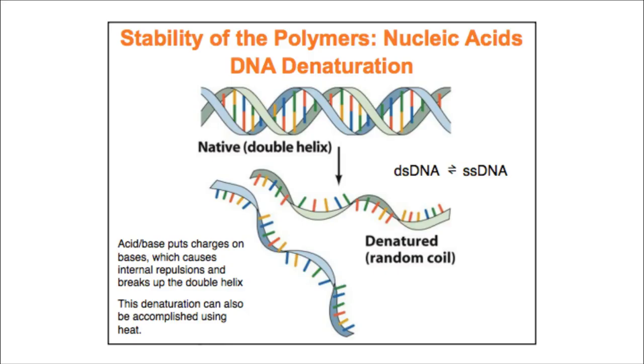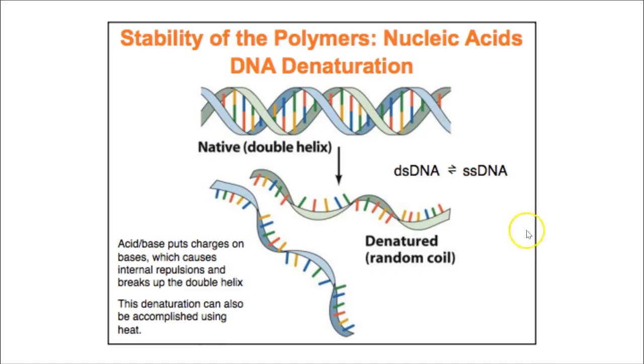As far as the stability of DNA, it can be denatured by acid and base, which put charges on the bases, causing internal repulsions and breaking up the double helix. Denaturation can also be accomplished using heat.